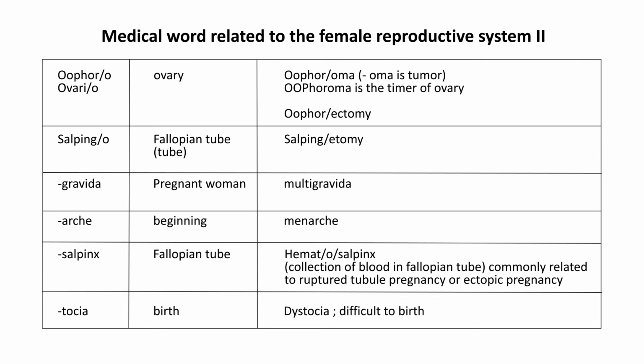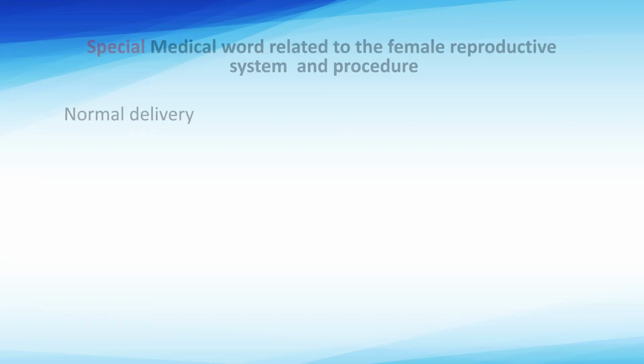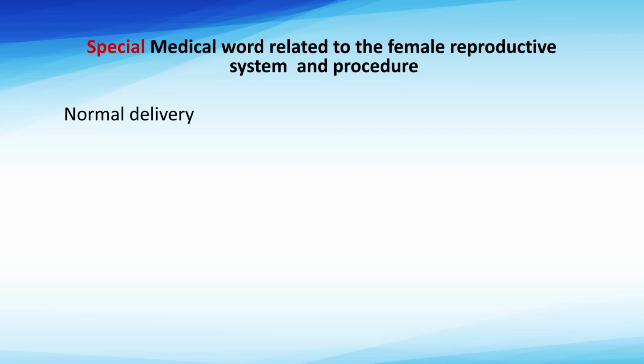Tocia means birth. So dystocia means difficulty giving birth. This slide shows some examples of special words related to the female reproductive system and procedures. Some of them may be constructed by the rules of word construction, but some you may need to just remember.